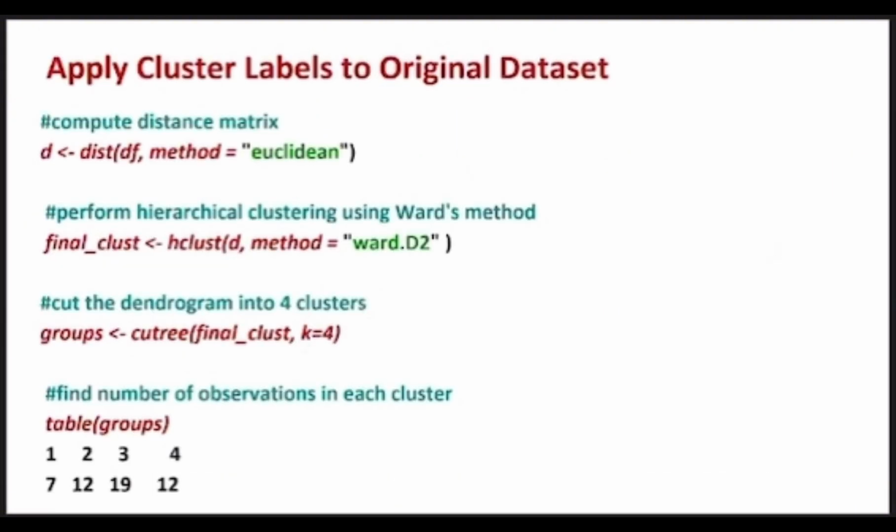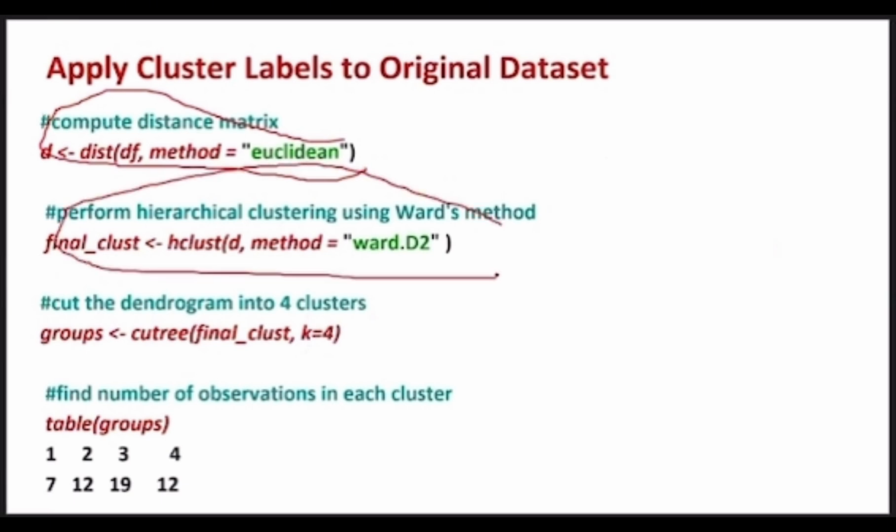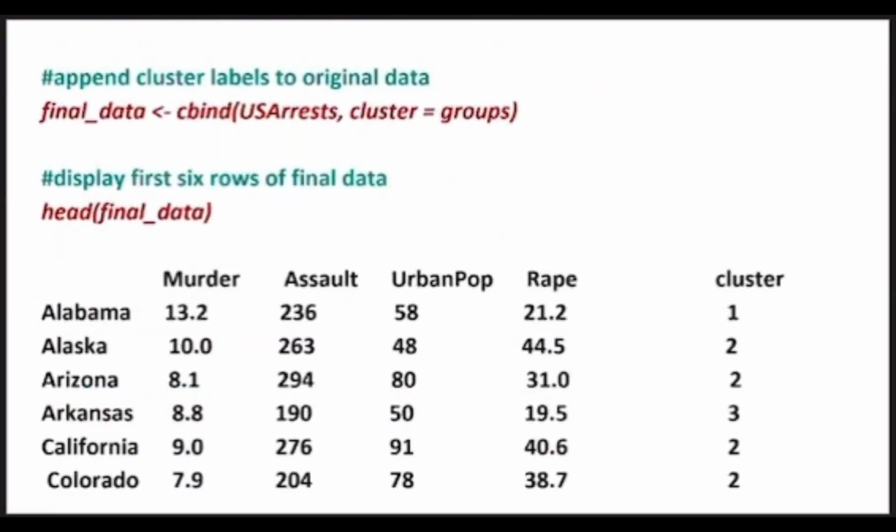Now I'm going to apply this to compute the distance for my final model. For my final model, I'm choosing Ward, right? At the end of the day, I have this. This is the result for the hierarchical clustering.